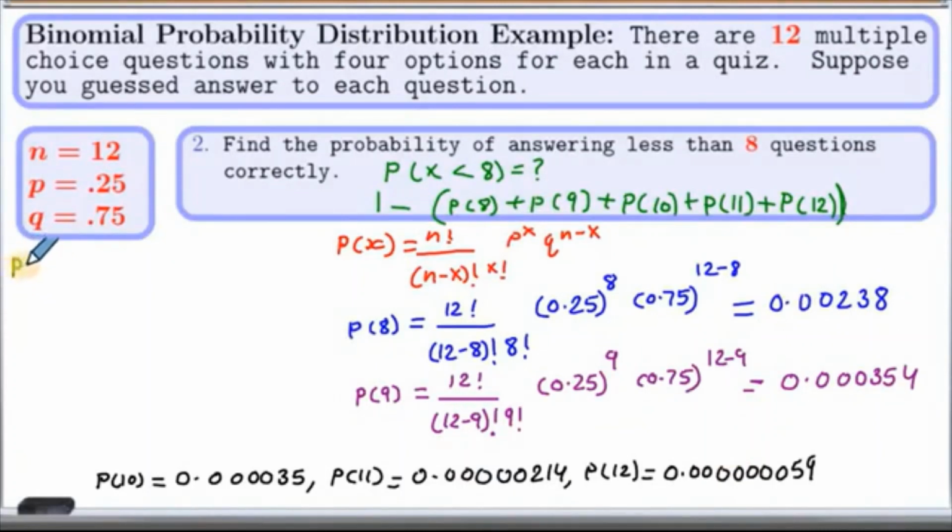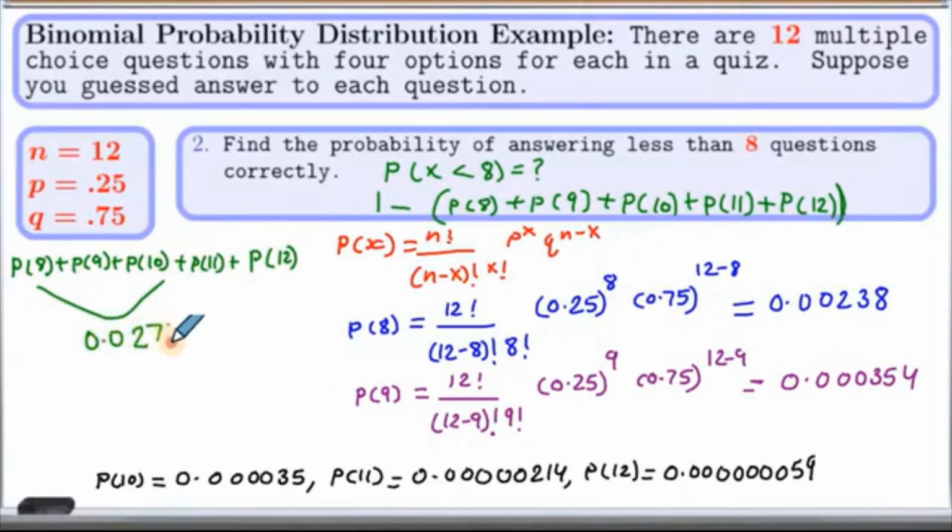So probability of 8 plus probability of 9 plus probability of 10 plus probability of 11 plus probability of 12 is 0.027711199.